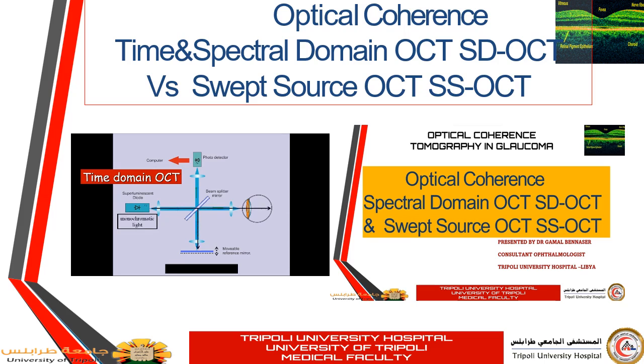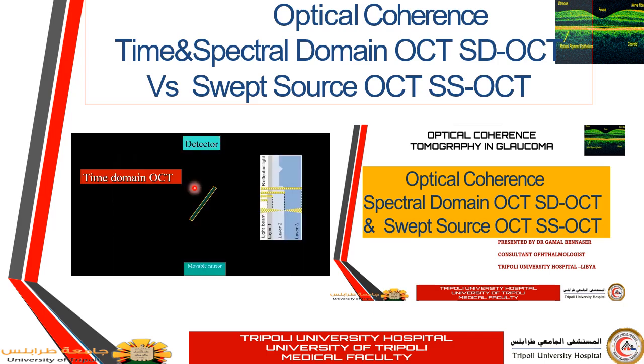Now, this is the representation of the time domain OCT. We have a monochromatic light, and this is a beam splitter that splits the light into two portions. One goes to the eye, that's the sample, and the other goes to this reference mirror. When the rays are reflected back, the sample rays from the eye and the rays from the reference mirror, both of them will be propagated, and constructive interference will take place and then be detected by the detector here.